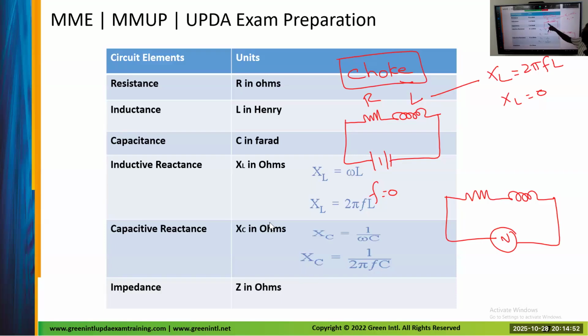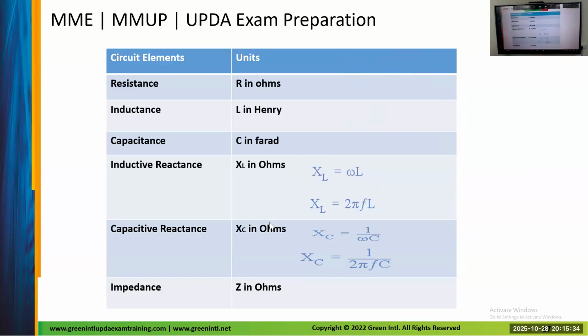So even though the resistance and inductance are there, the entire circuit behaves as a resistance only. That's why we say that any electrical load, if you give a DC supply, is just like a resistance. But if you give an AC supply, it becomes an RL. So commonly we use the word Z, impedance. The impedance is a combination of resistance, inductance, capacitance.